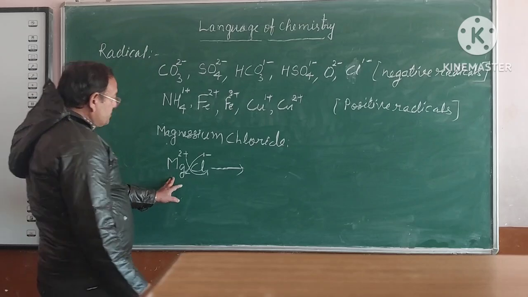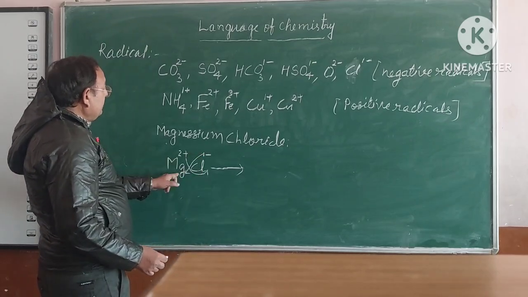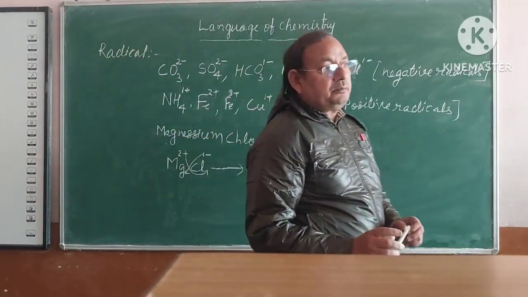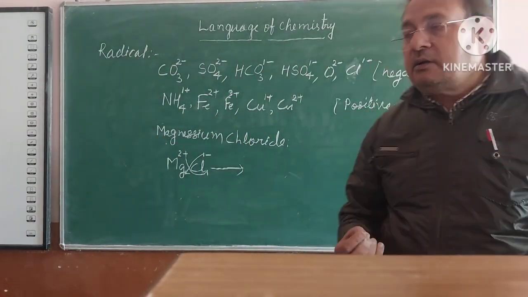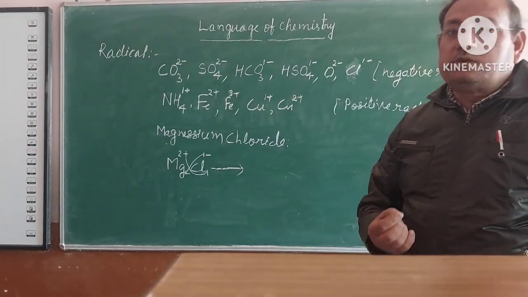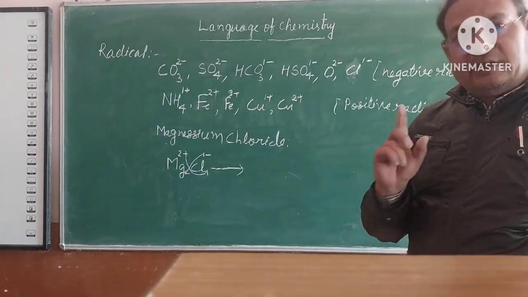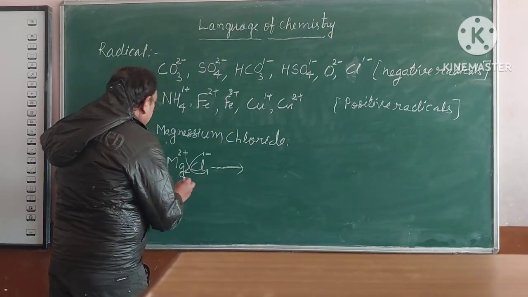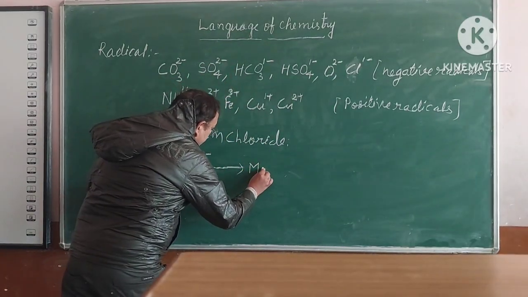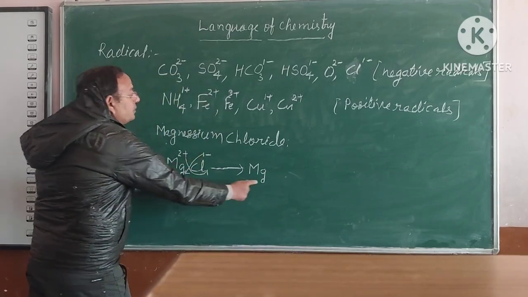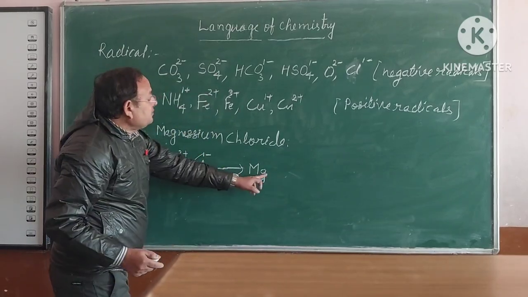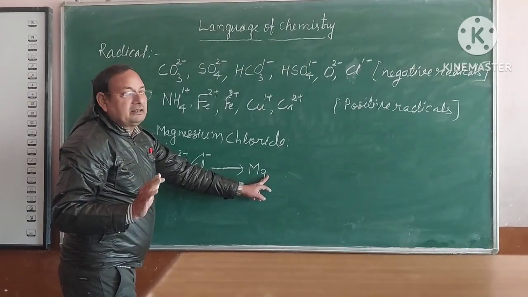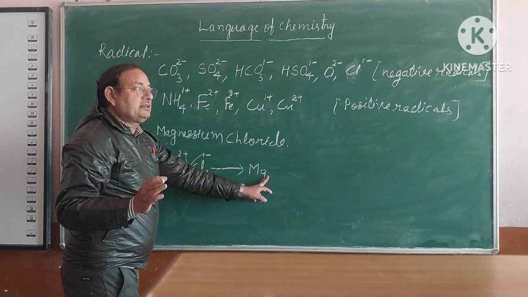Then it becomes Mg1, and 1 is not written because each number is always understood as multiplied with 1. This 1 comes to the downside of Mg. 1 is not written because 1 is understood as a factor of any number.